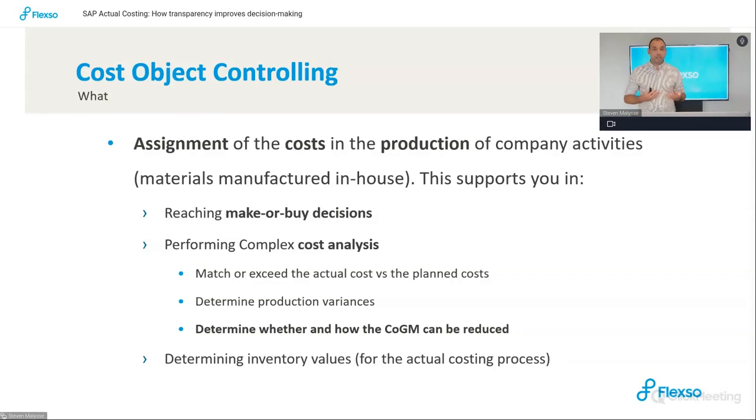And this really gives us insights into our production performance. Do we match or do we exceed the cost that we expected? The result from each production order will be settled and will be used further in determining our inventory values, which is then used in our actual costing process.